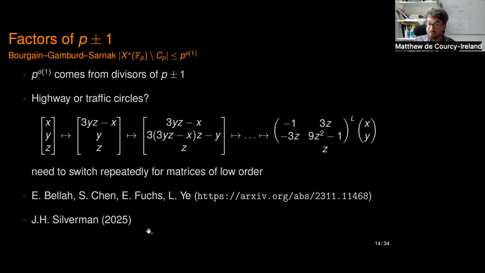There have been some very interesting later papers by Bella, a different Chen, Fuchs, and also by Silverman, going further into the analysis of how you navigate Markov graphs for a large prime.